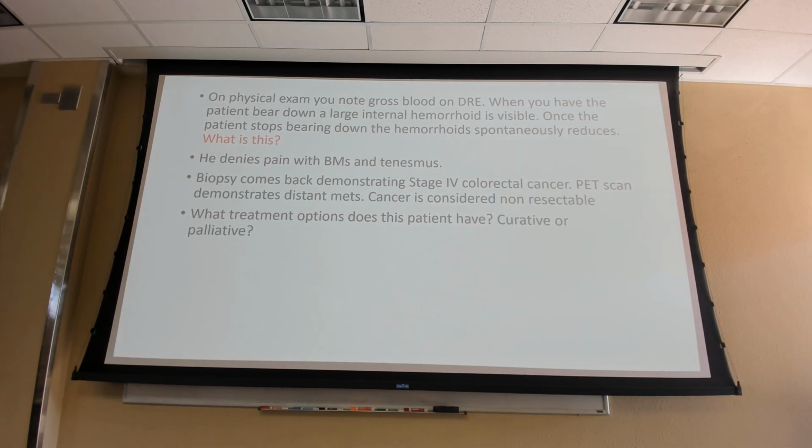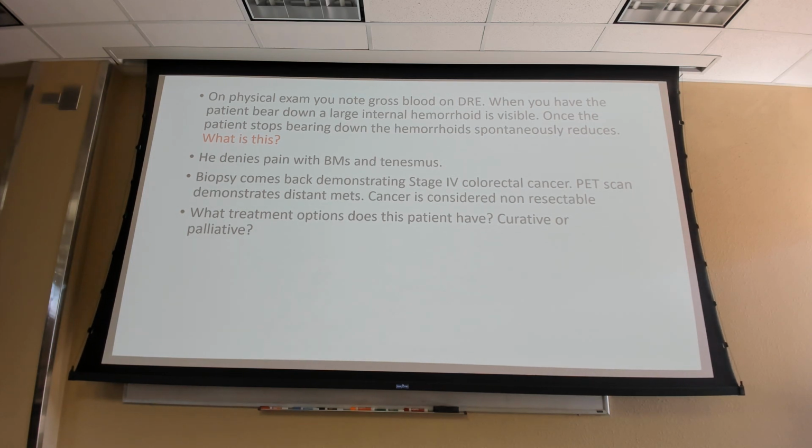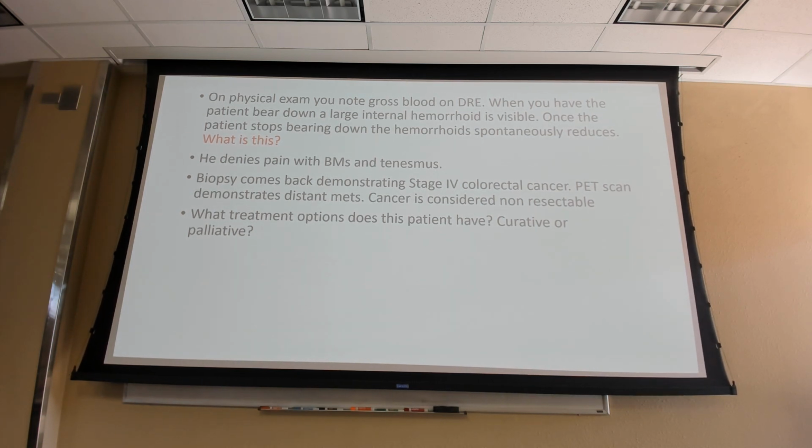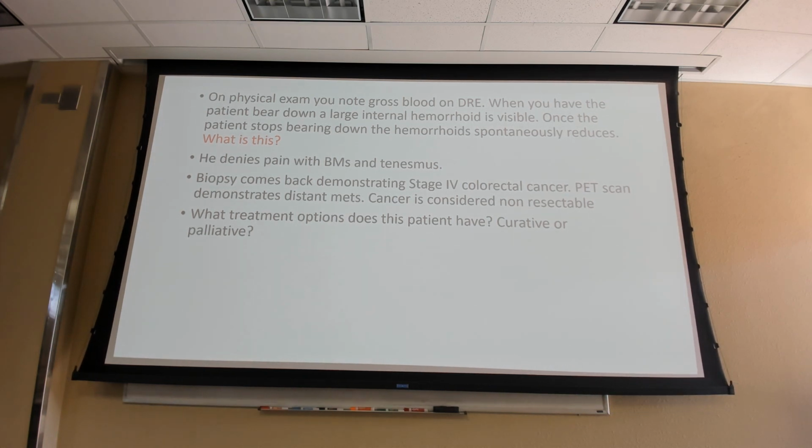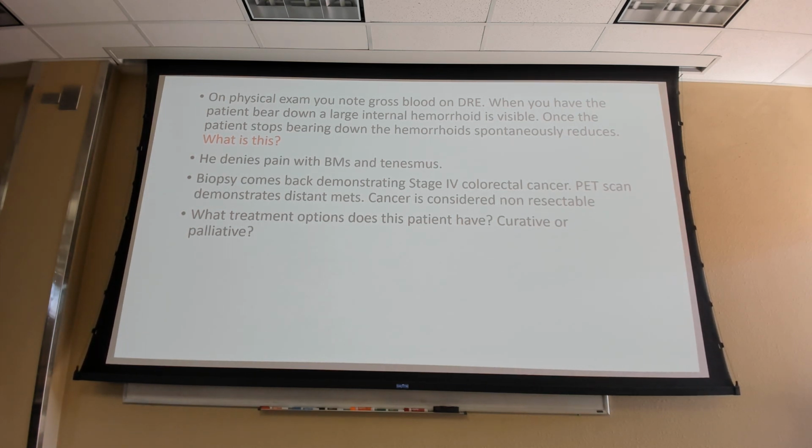All right. So you notice, on exam you have gross blood on the digital rectal exam. When he bears down, you have a large internal hemorrhoid visible. But when he stops bearing down, the hemorrhoid reduces. So what kind of hemorrhoid do we call that? Yeah. Yep. And is it thrombosed? No, it's not. Good.